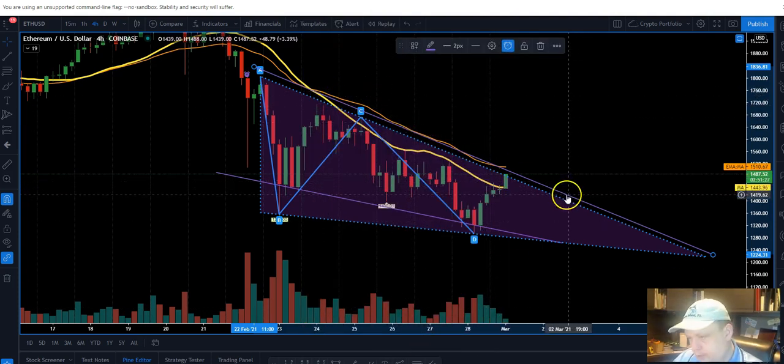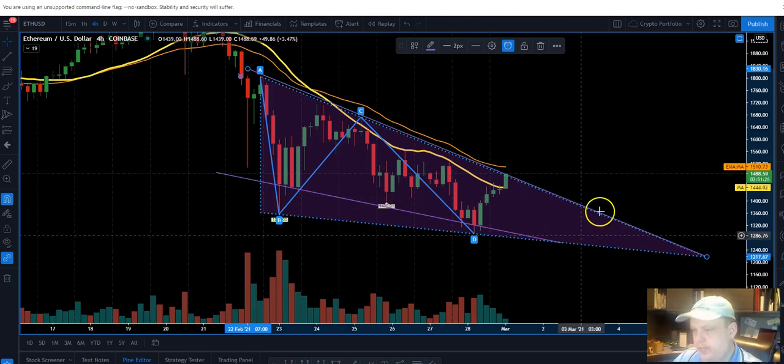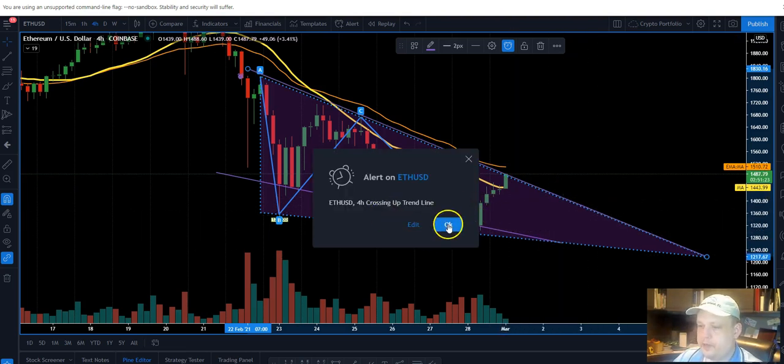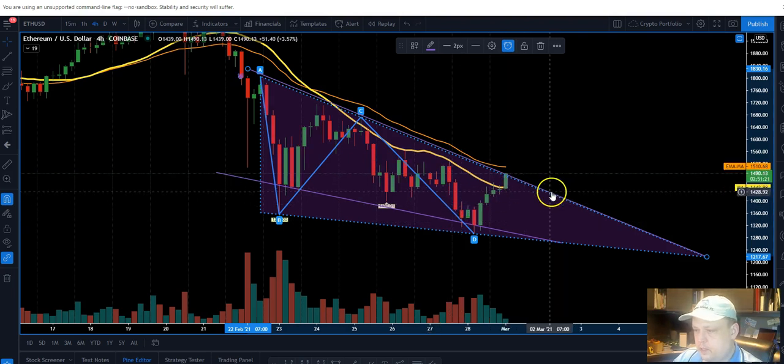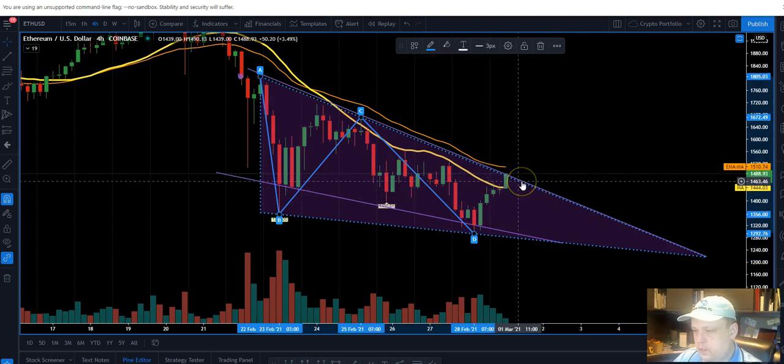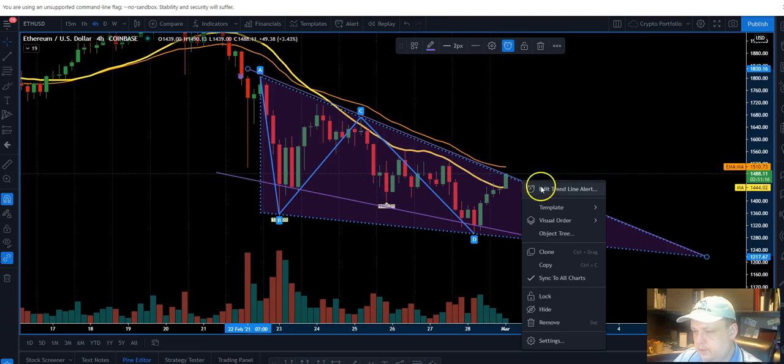You know what I'll do? I'll bring this in closer so that the alert goes off, and you can see how it works. Look, see? So that's annoying.